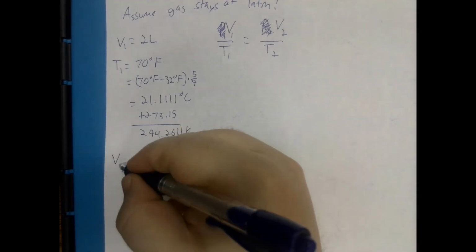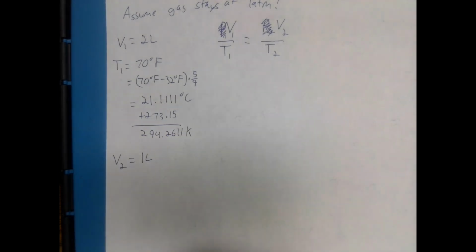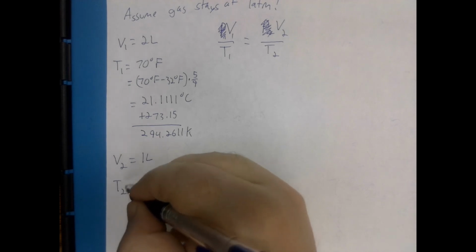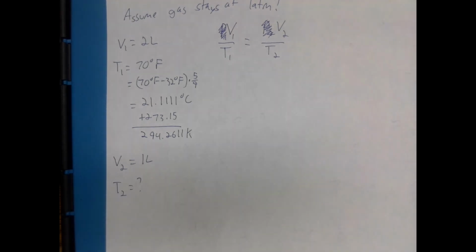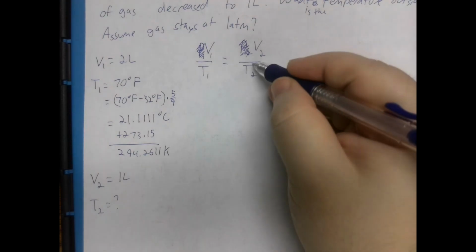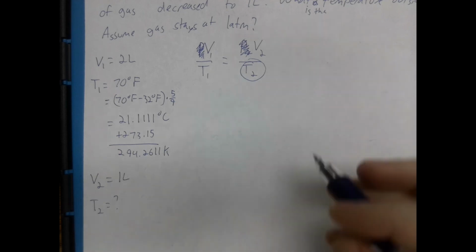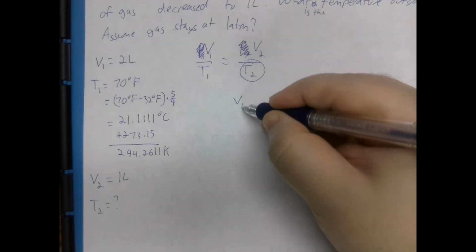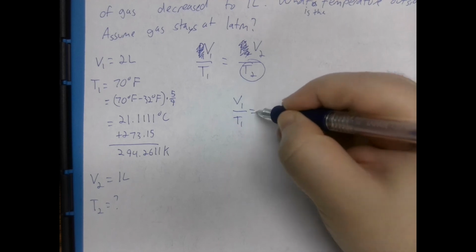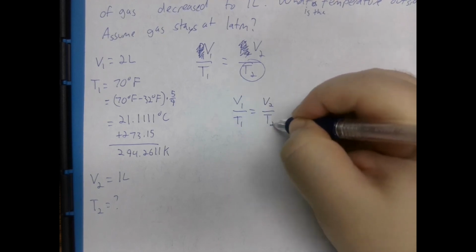We know that the final volume was 1 liter, and we're solving for final temperature. So we're solving for T2. So what's the first step in solving this algebraically? I have V1 over T1 equal to V2 over T2.